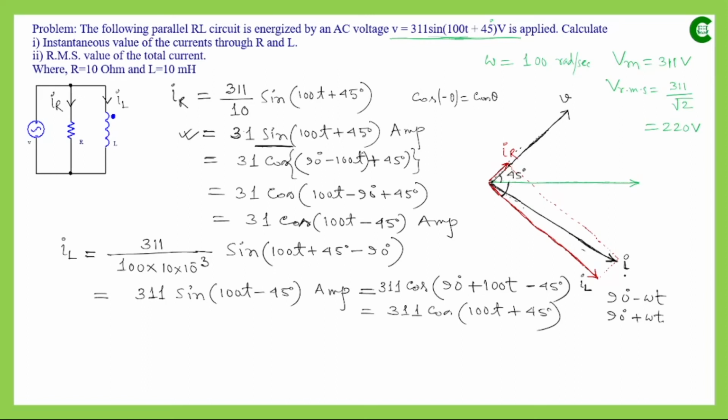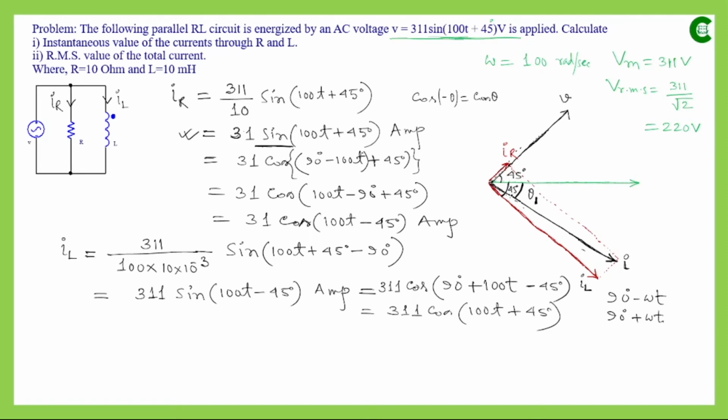When we took the resultant of the net current I, as we can see here, it is also lagging the reference, and that angle we can take as theta 1. Also, the phase difference between the applied voltage and the current that flows through the inductor is 45 degree plus 45 degree, that is 90 degree.